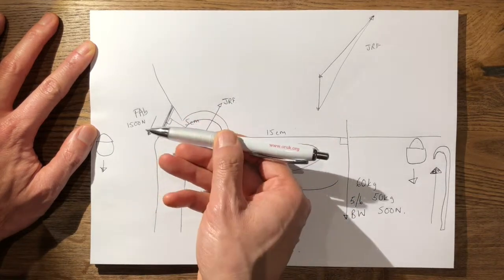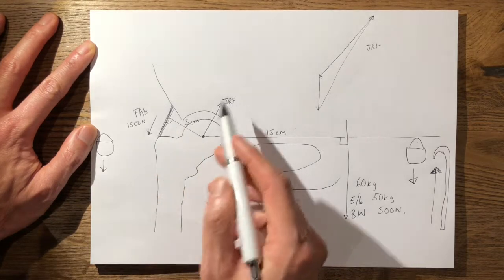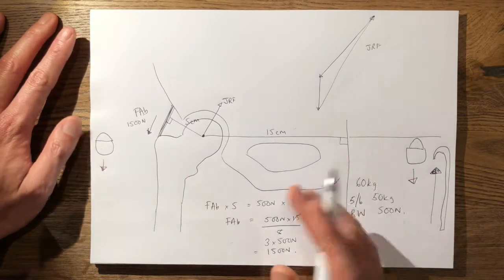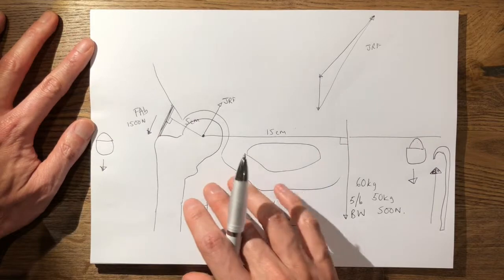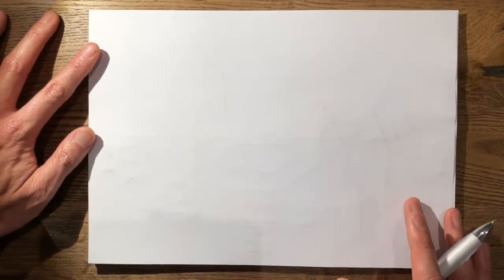However, if you had a varus neck angle, then this distance would increase, helping your joint reaction force. I've covered a lot there, and I hope that makes sense, but at least if you have this principle, you would probably be able to draw a free body diagram in any part of the body.